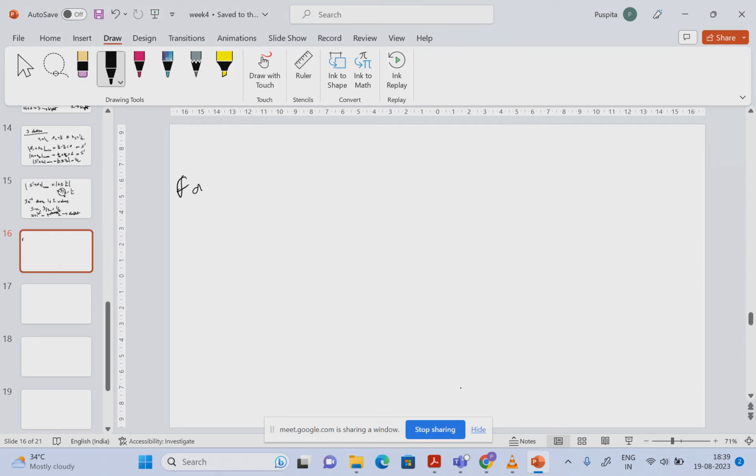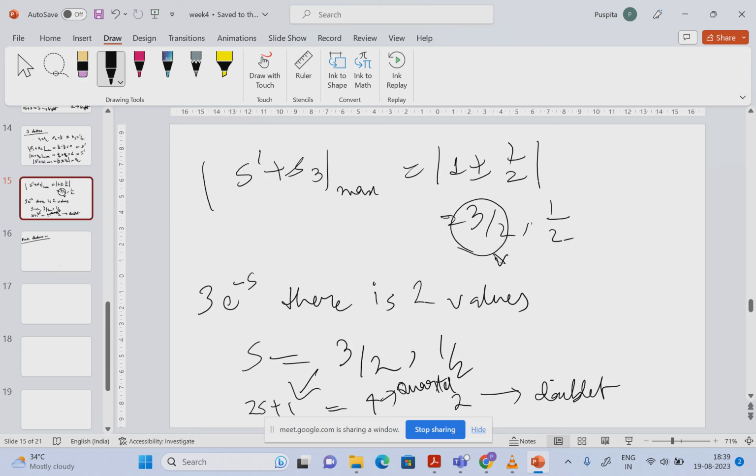For 4 electrons, we do it in a bunch, 2 by 2. Here we have already done 3/2 and 1/2.